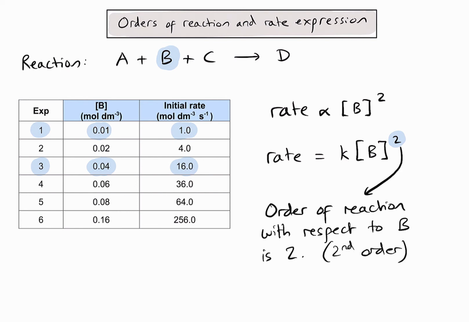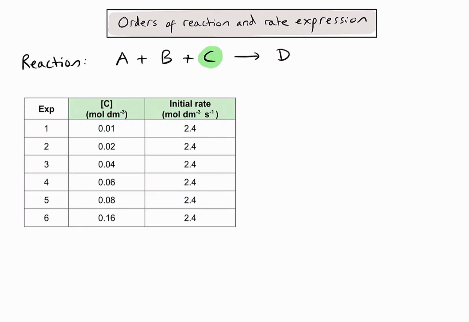Finally, let's have a look at reactant C. Again, let's look at experiments 1 and 2 and see how that concentration change is affecting the rate. Well, the concentration is doubling, but actually there is no impact on my rate of reaction. And with a quick glance at the other rates of reaction, I can actually see that changing the concentration of reactant C has no impact on the initial rate of reaction.